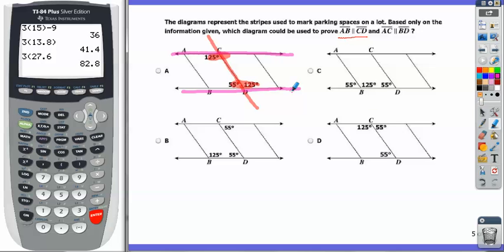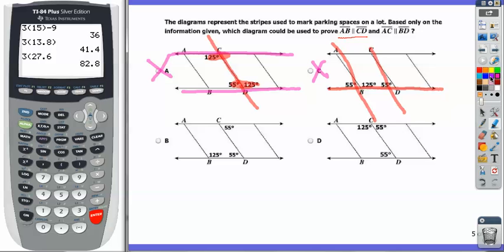AB is a blank, so that means this is not an answer. So let's go to the next choice. I have stuff here and here, which tells me those two are parallel. Once again, I don't know anything about AC, so that doesn't work. Let's look at the next one, answer choice B.